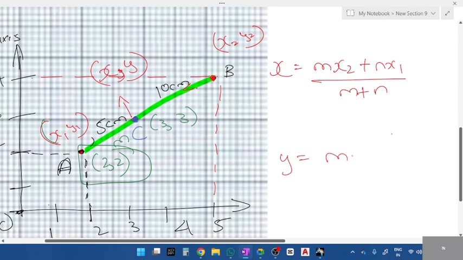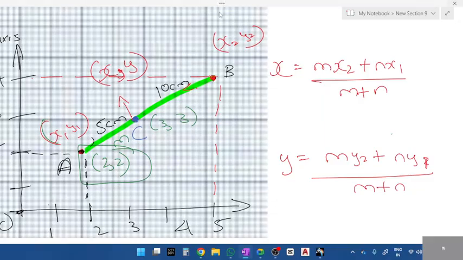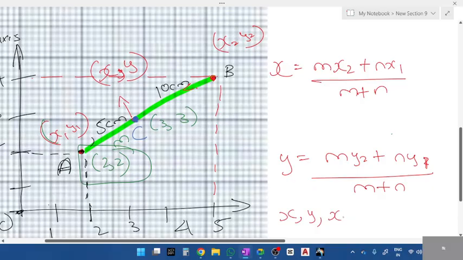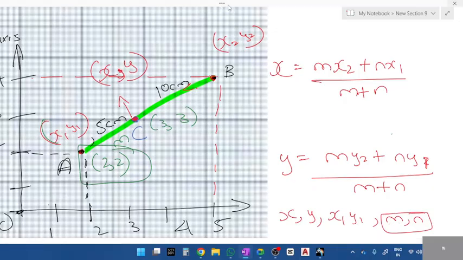Same, in place of X, Y. So this is what we are going to find in this entire concept. Maximum, only these things you'll have to find: value of X, Y. Sometimes they'll ask the value of X1, Y1. Sometimes they'll ask the value of M, N. And M, N is always in terms of ratio, students.